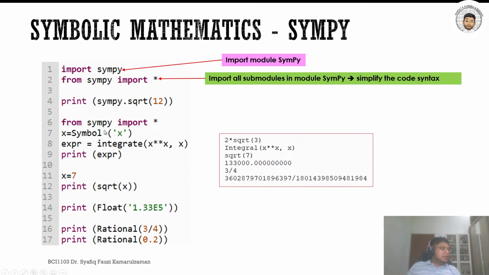The symbol x here is part of SymPy, but you don't need to write SymPy dot symbol. Then you have expression integrate here, and the result, and x equals 7, and you produce square root x, float, this rational number 3, this irrational number 0.2.